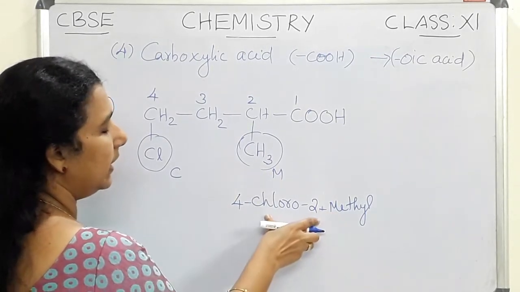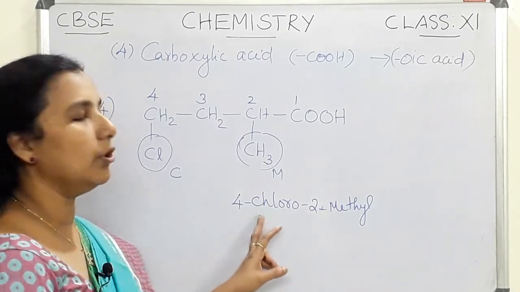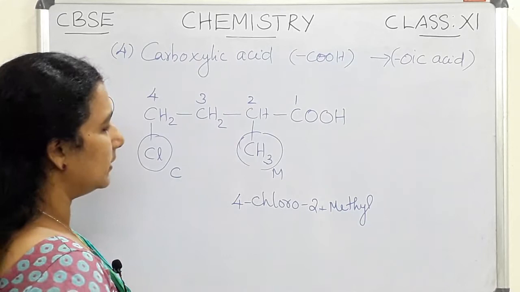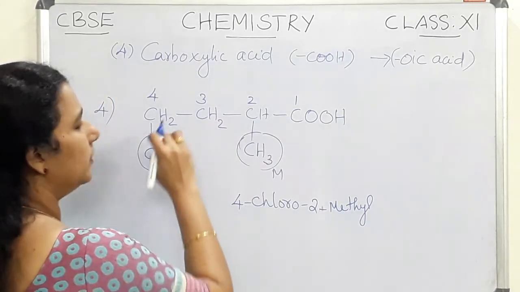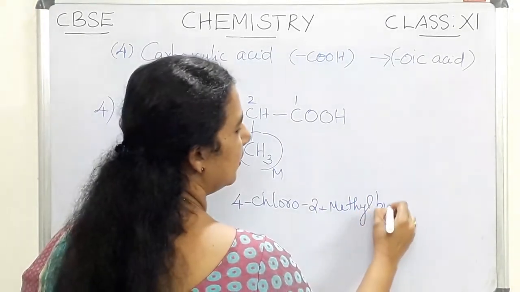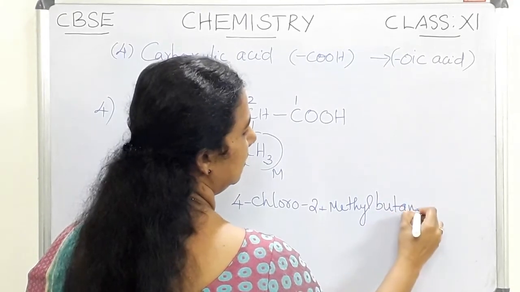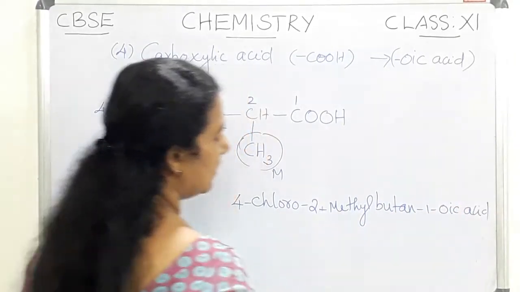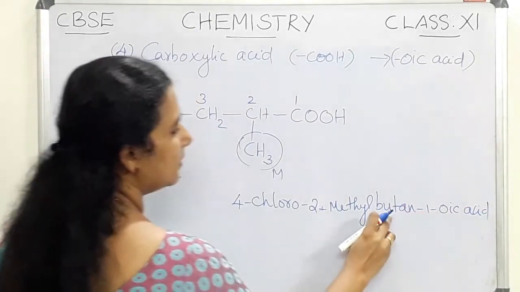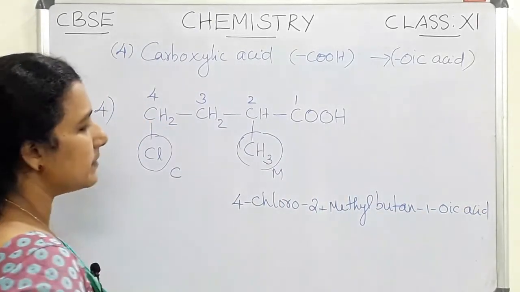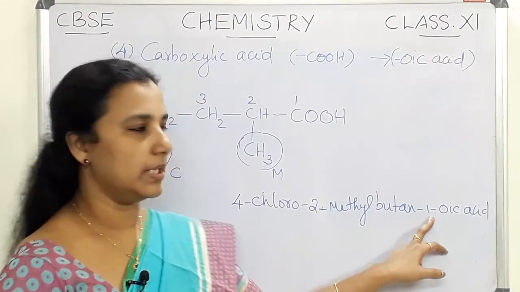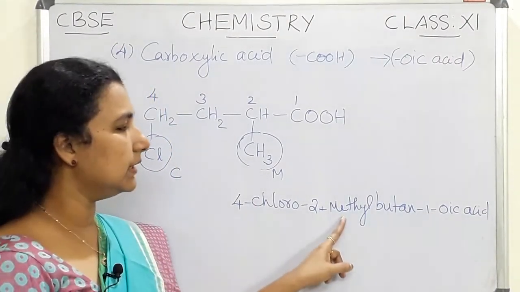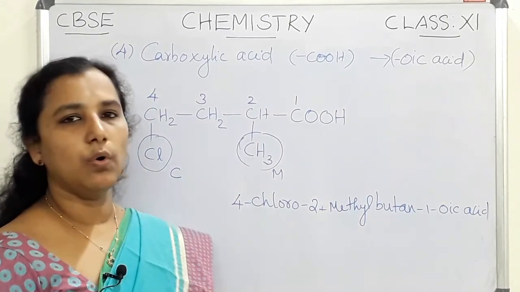So here we have considered the alphabetical order of substituents. These are the prefixes. Then comes the word root, that is but, butane, 1-oic acid. But means 4 carbon atoms and the first position functional group. So the IUPAC name is 4-chloro-2-methylbutane-1-oic acid.